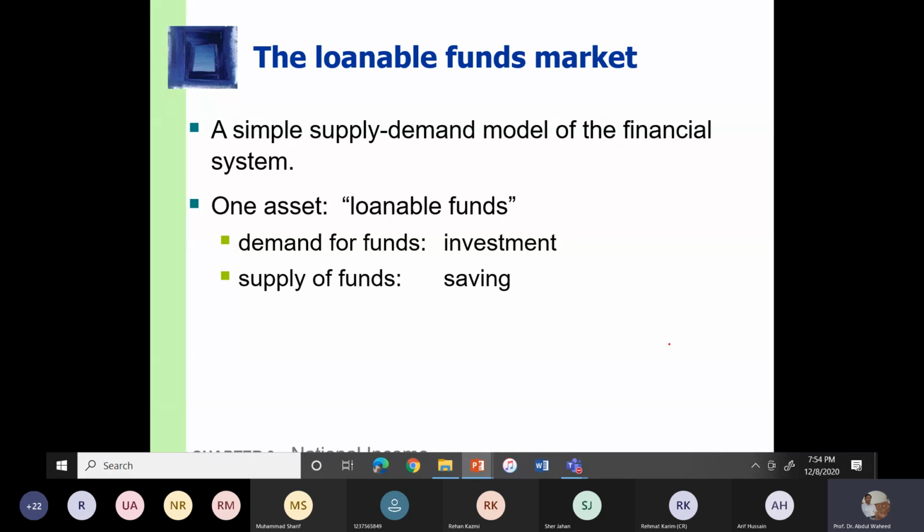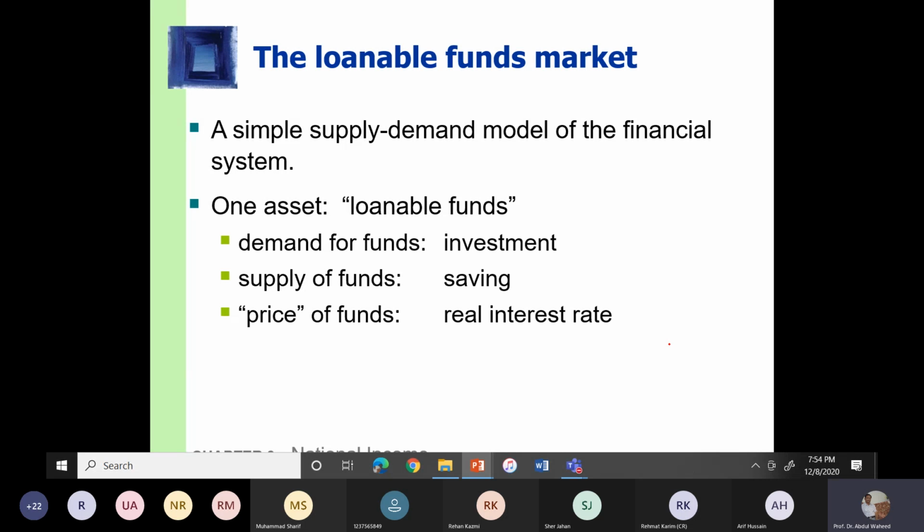And if someone wants to make investment, they will approach to bank to get the loanable fund. So then there will be a demand for loanable fund. So investors, they are making demand for loanable fund, and households, they are making the supply of loanable fund.